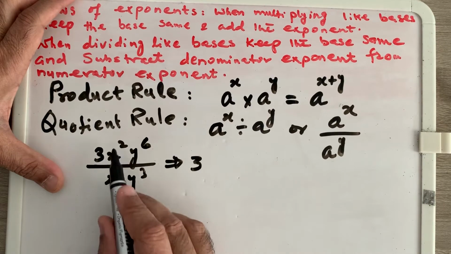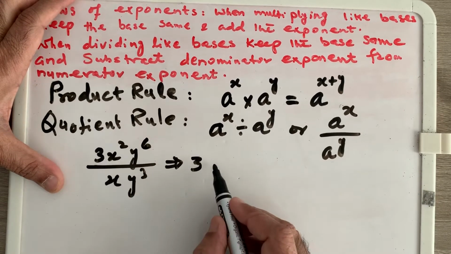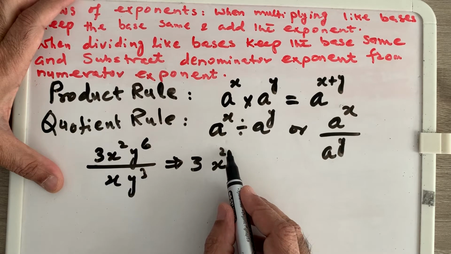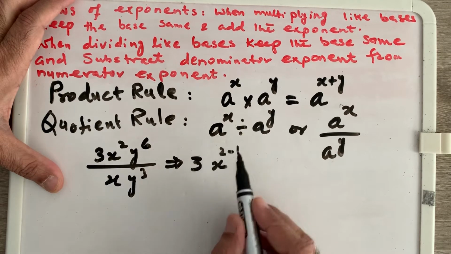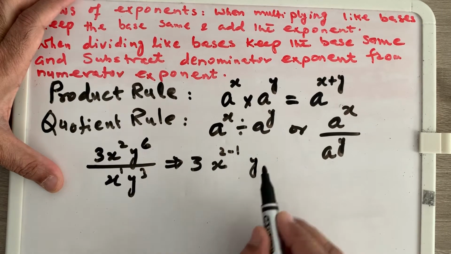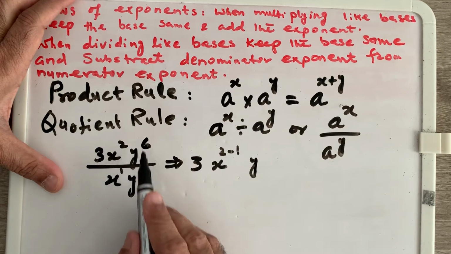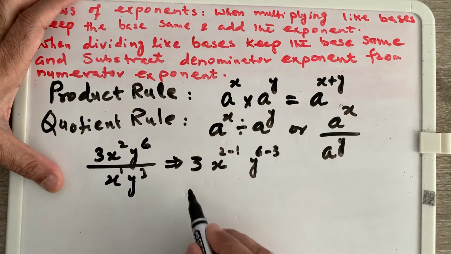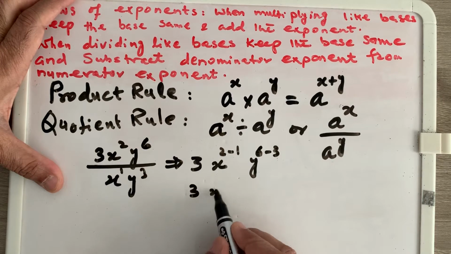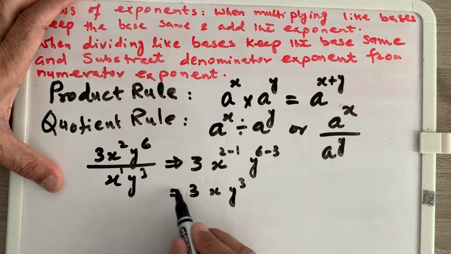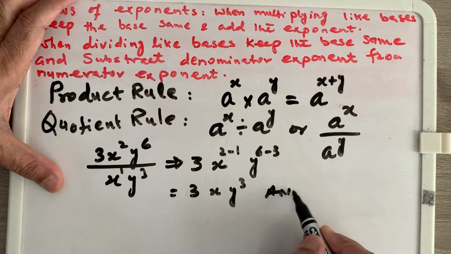But what is happening with the exponents of the variables? Here I have x to the power 2 in the numerator, and I have to subtract the power of the denominator, which is 1. And then I have to see y. y has 6 here and 3 here, so I have to subtract these powers, 6 minus 3. So my answer will be 3x y to the power 3. This is my answer for this particular example, right?